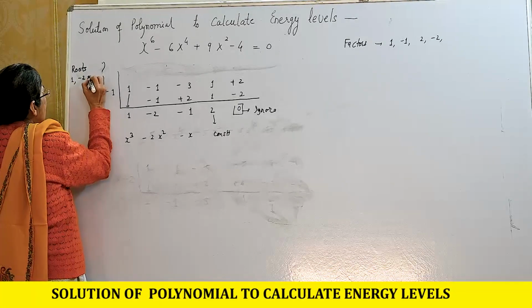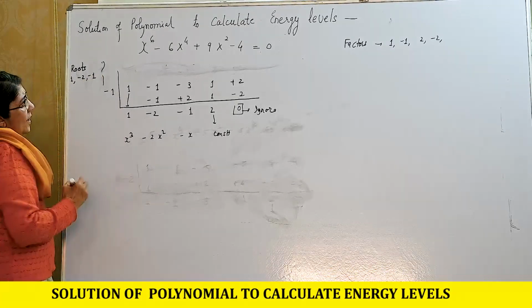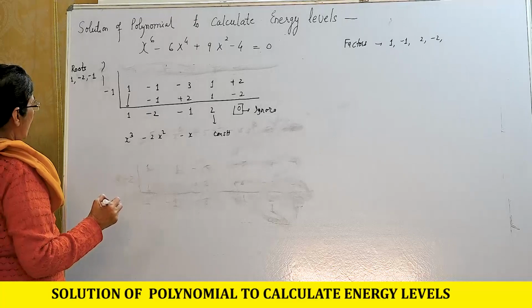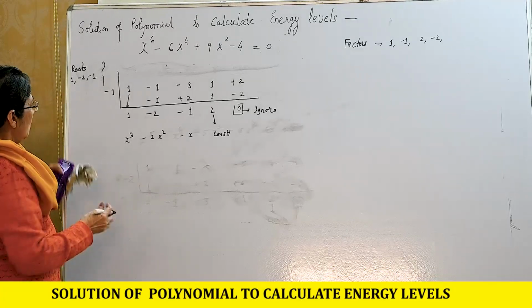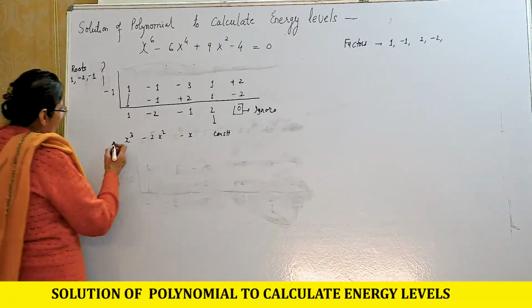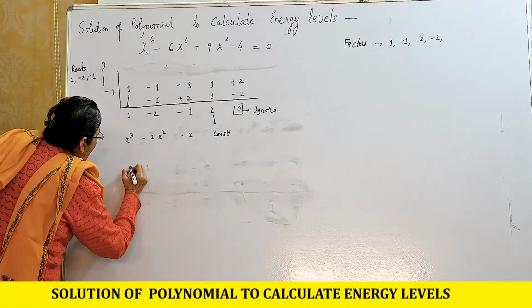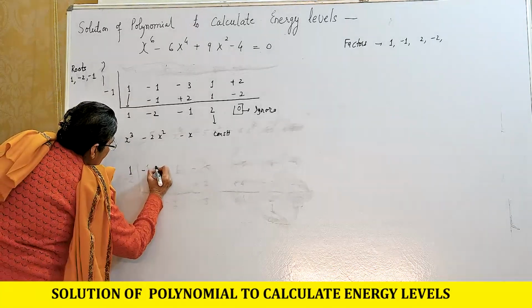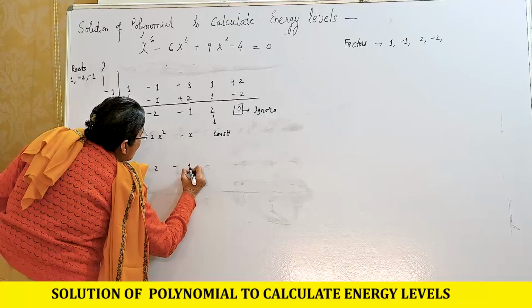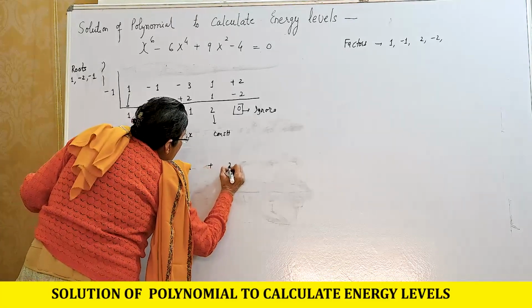we have taken this minus 1, and now we take 2. So we write down 1, minus 2, minus 1, plus 2 constant.